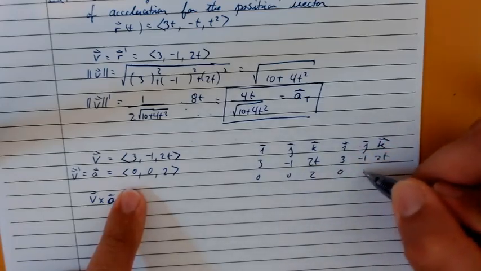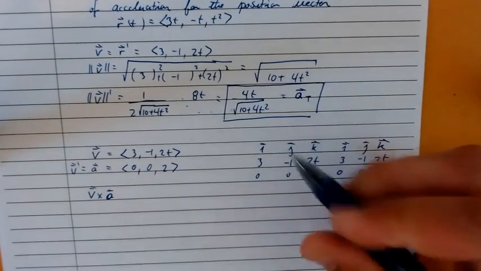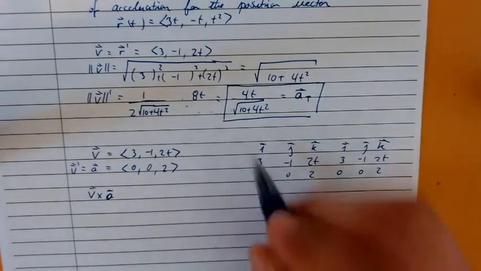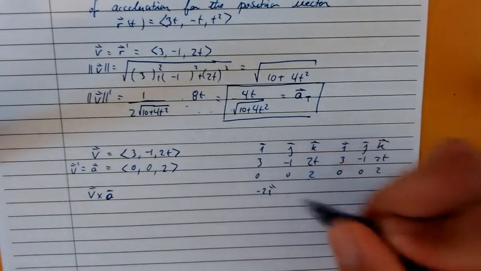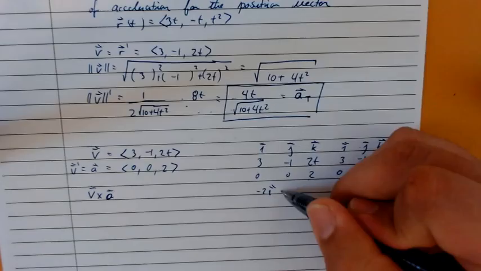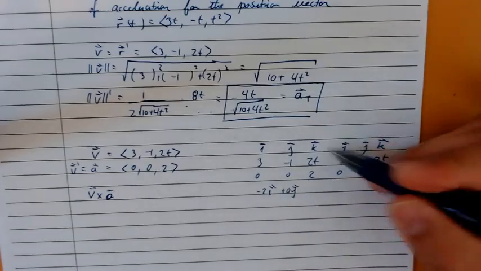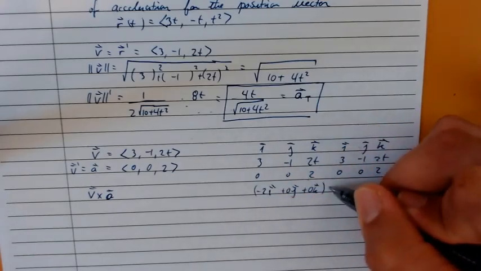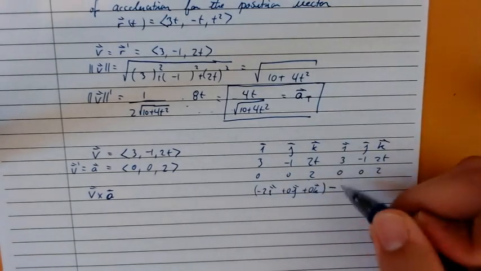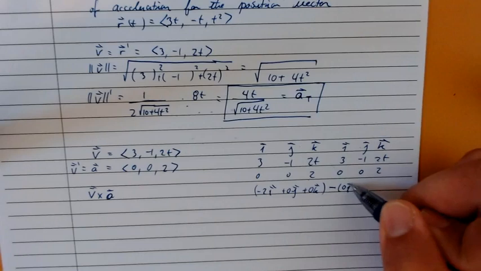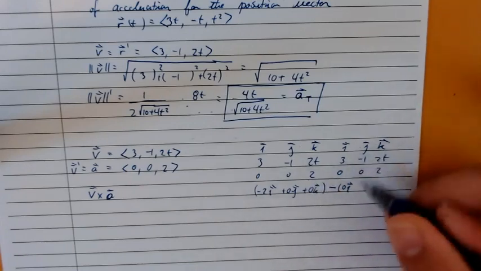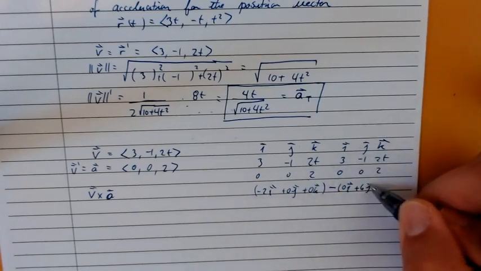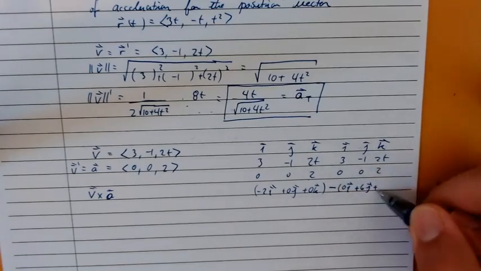That should make things fairly nice with all those zeros. And here we go. That's going to be negative 2i. That's going to be 0j. And that's going to be 0k. Minus, that's going to be 0i. That's going to be 6j. And that's going to be 0k.